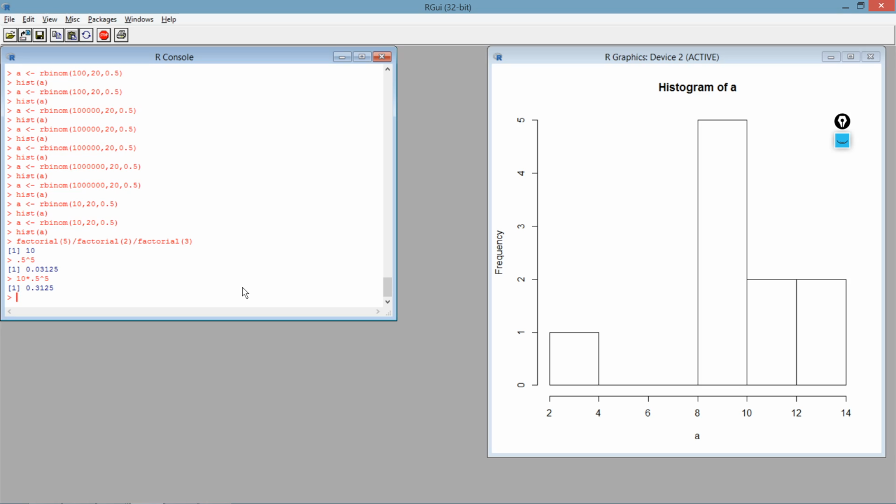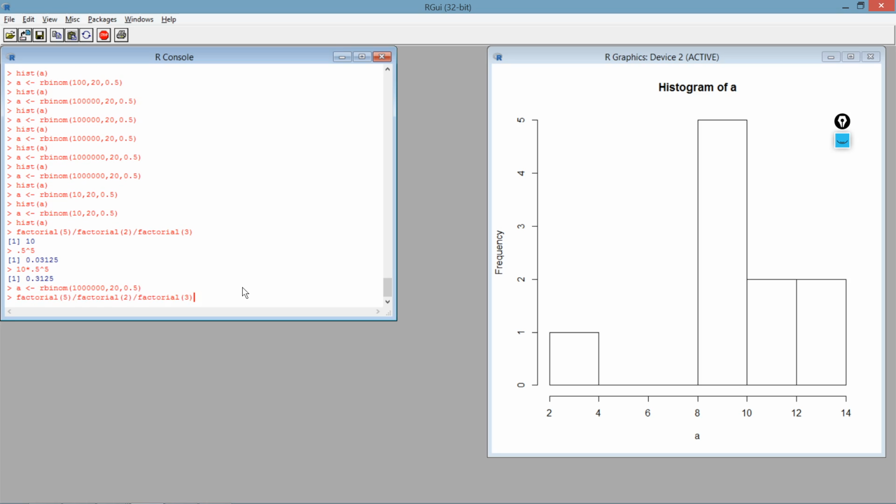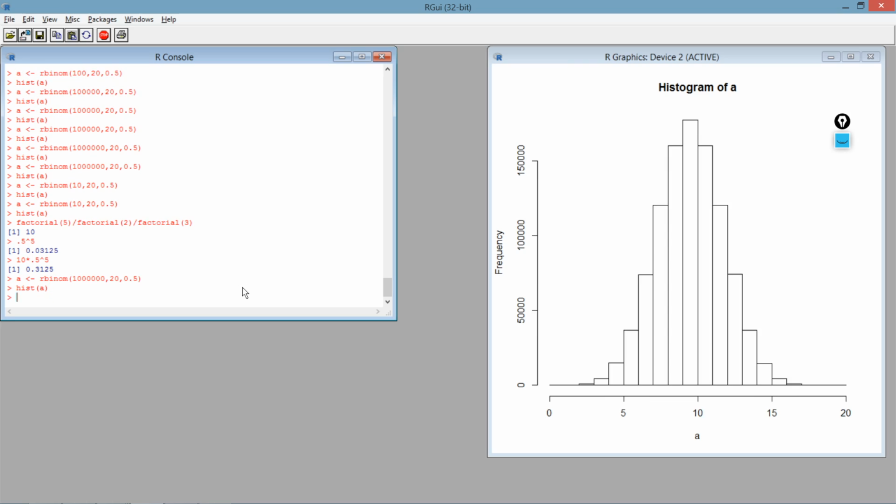And that makes sense, because when we did our previous histograms, things closer to the center were more likely. In fact, let's do this.